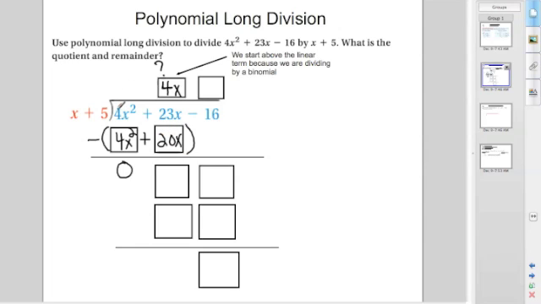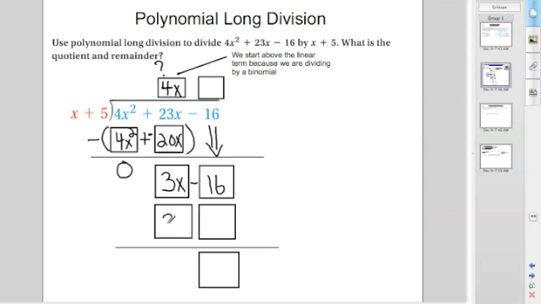Now, you need to remember subtracting polynomials. We have 4x squared plus 23x minus 4x squared plus 20x. A minus times a positive makes this a minus a negative. So 23 minus 20 will give us 3x. And again, remember to drop down the negative 16.